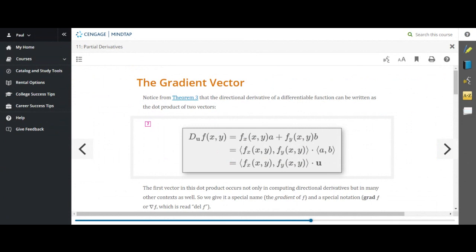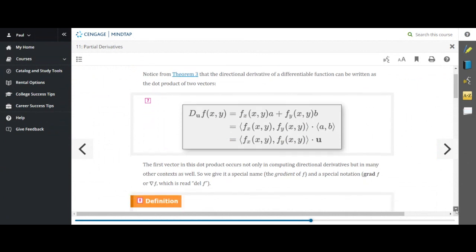Notice we can write the directional derivative as a dot product of two vectors. One vector is AB, and the other is the vector of the first partial derivatives. This vector of the first partial derivatives is called the gradient, and we have special notation for that.